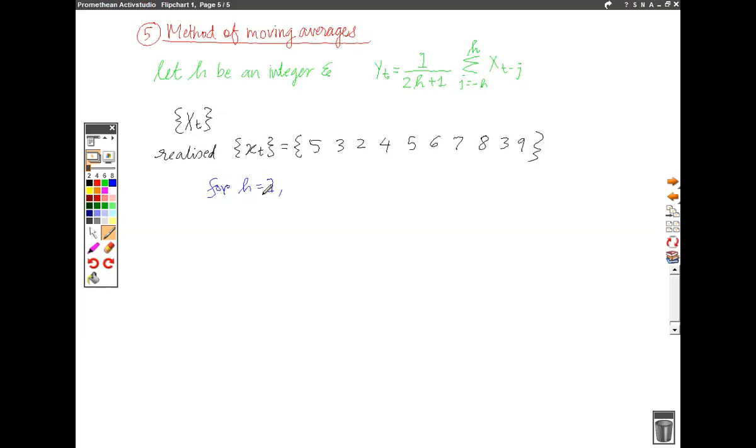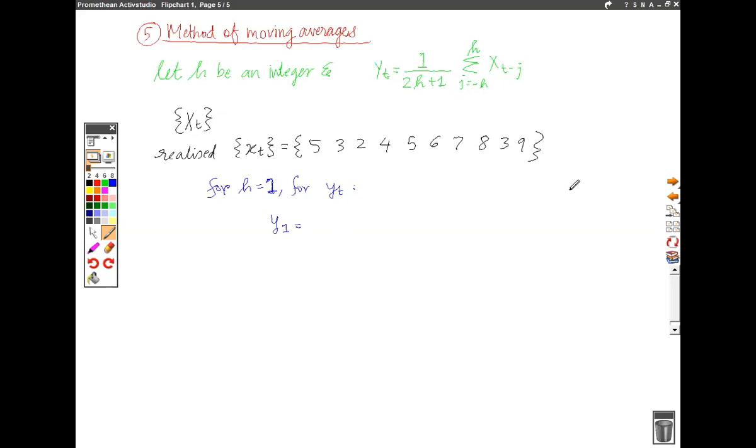So let us now say that I'm looking for h equal to 1, and I calculate my small yt's. So if I'm looking at y1, what will it be? My t here is 1.